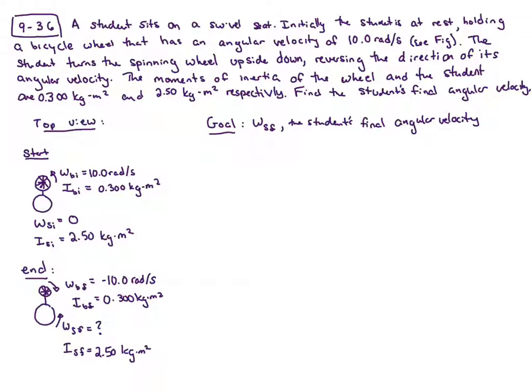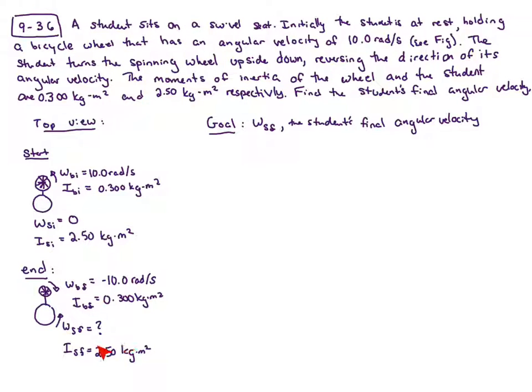If I wanted to tell myself the story of what's going on, when the student flips over the bicycle tire, in order to conserve angular momentum, they have to start spinning in the direction of the original bicycle tire, so that their angular momentum plus the negative angular momentum of the bicycle tire is the same as the initial angular momentum of just the bicycle tire.